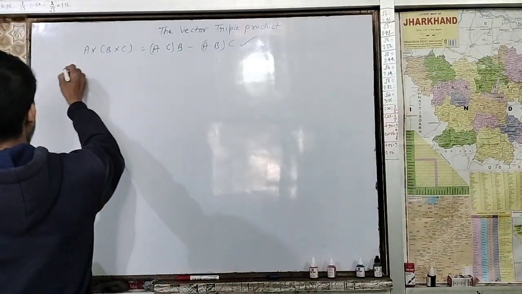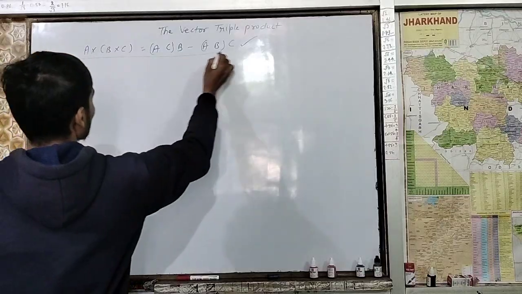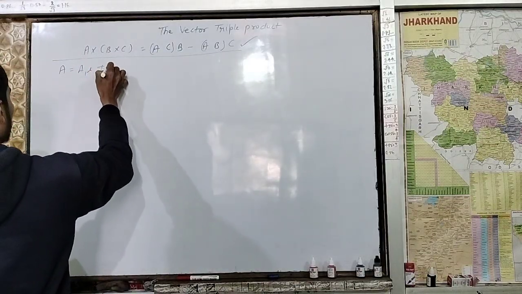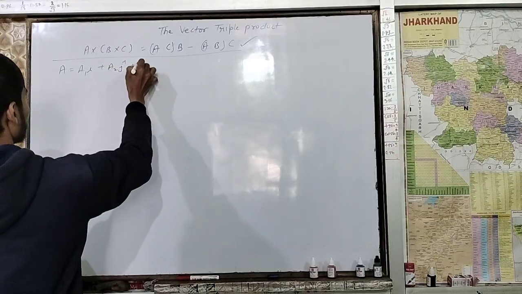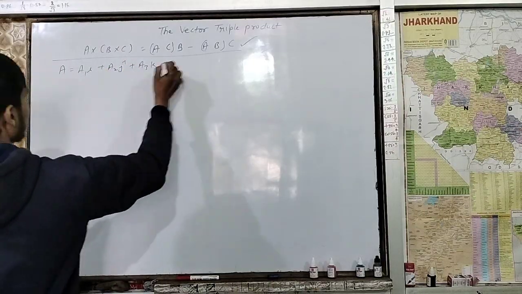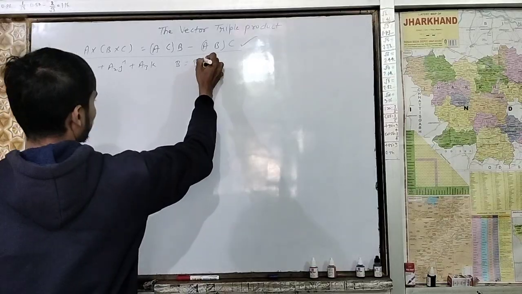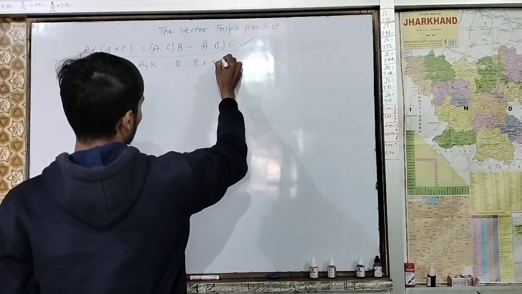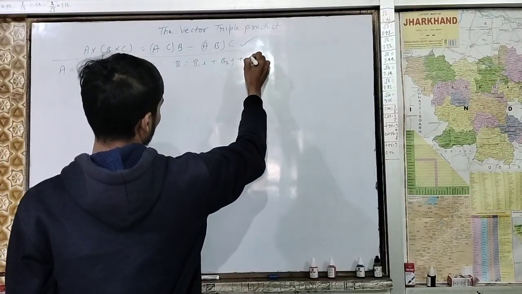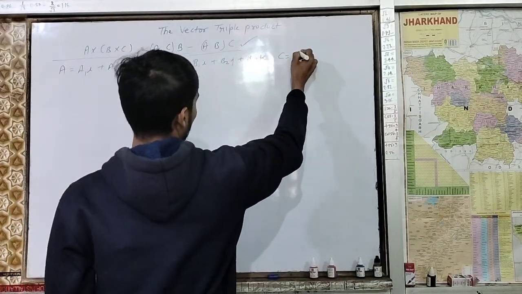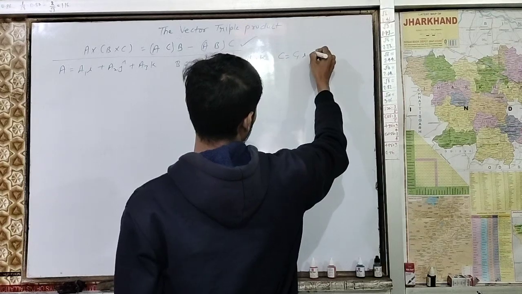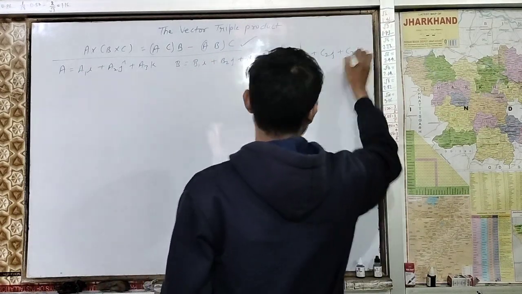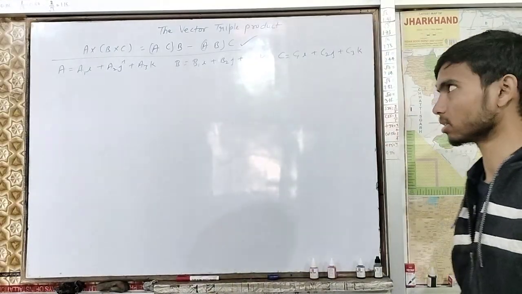So first, A is equal to A1 i cap plus A2 j cap plus A3 k cap. B is B1 i cap plus B2 j cap plus B3 k cap. C will be equal to C1 i cap plus C2 j cap plus C3 k cap. This is given by the question.